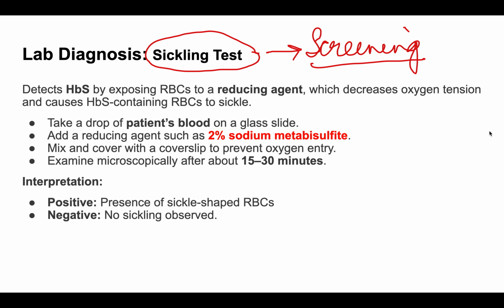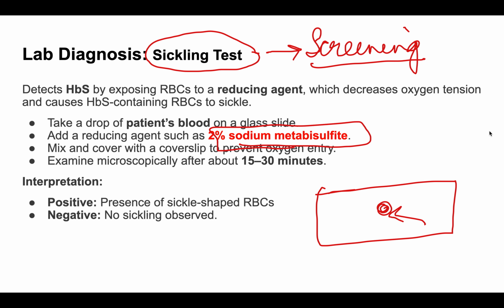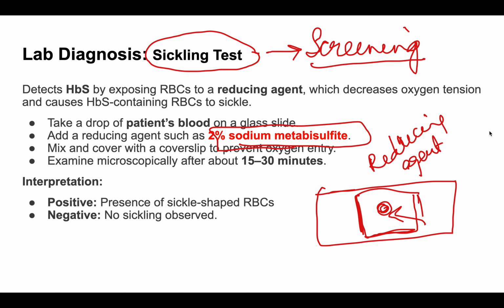So what we do is, we take a slide, we put the RBCs, then we put sodium metabisulfite. Sodium metabisulfite is a type of reducing agent. It will create the same situation of deoxygenation. Then we cover it and seal it with paraffin wax.